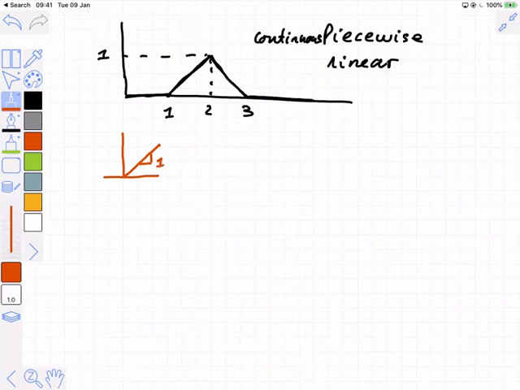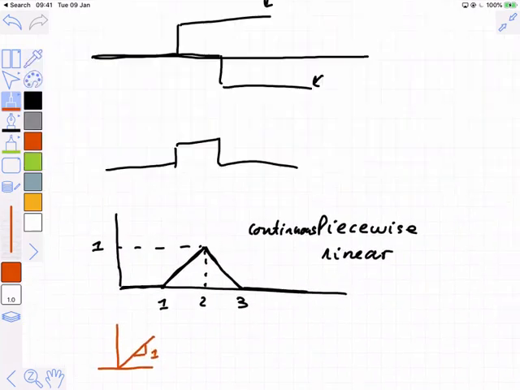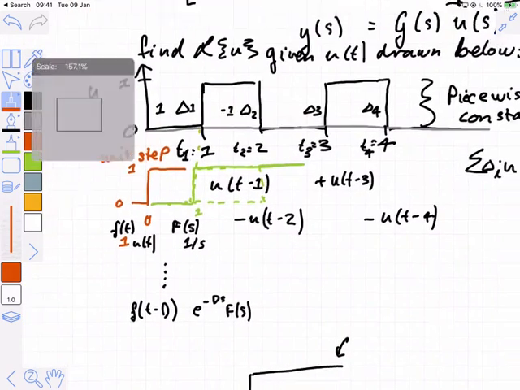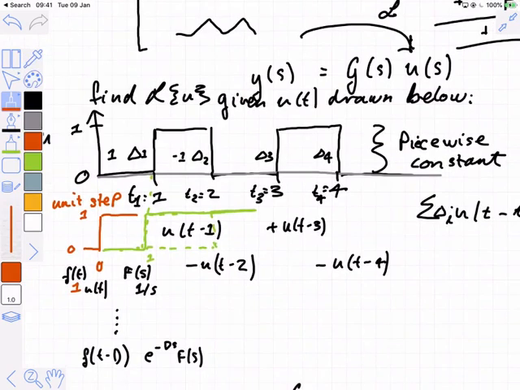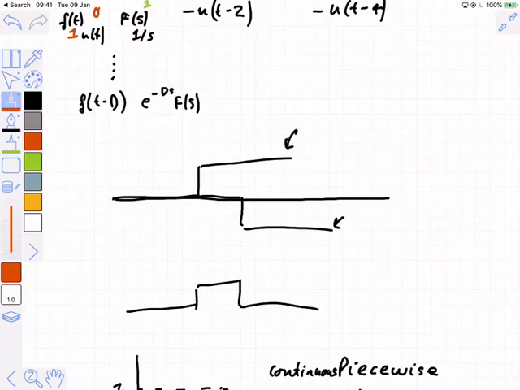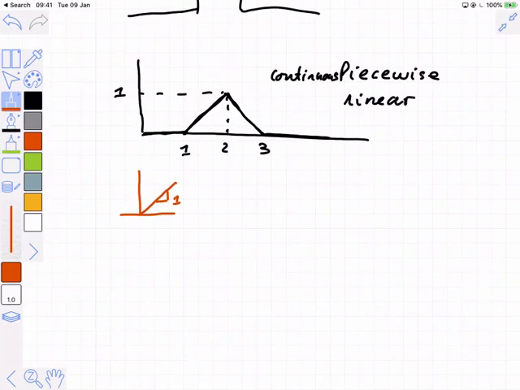Now, you can see why we've defined it that way, because the reason why we have these standard functions is so that we can do the thing that I'm doing now, right? We've defined the unit step so that we can multiply by the size of the change in order to model a signal that has these discontinuities just by multiplying by the size of the discontinuity. And we've defined the ramp to have unit slope so that we can say all I need to do is figure out what this slope change is.